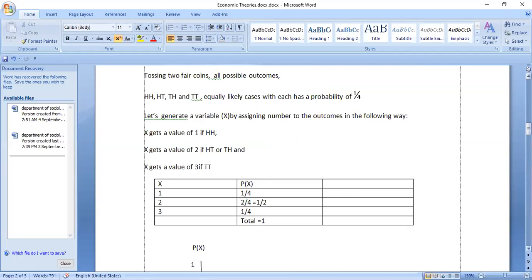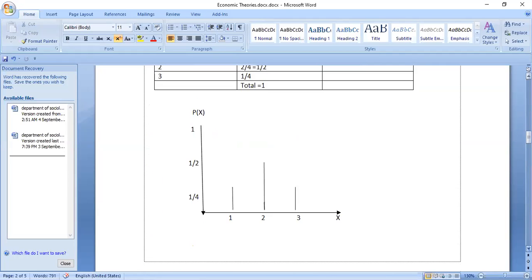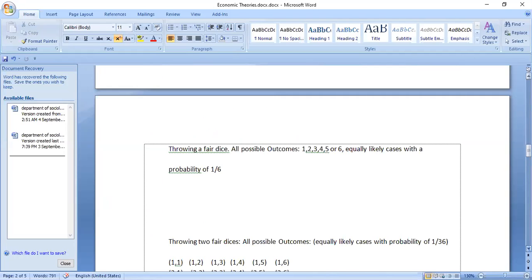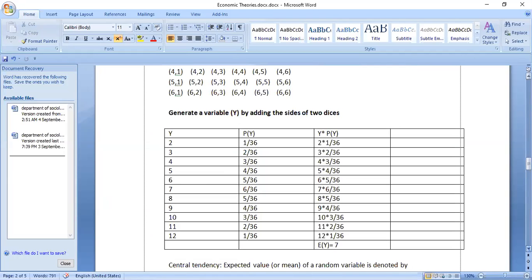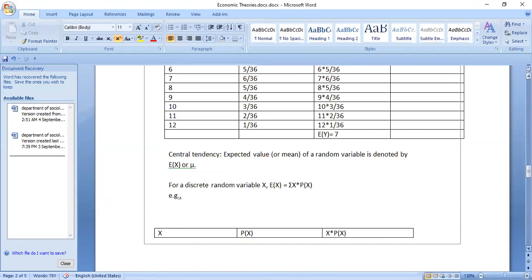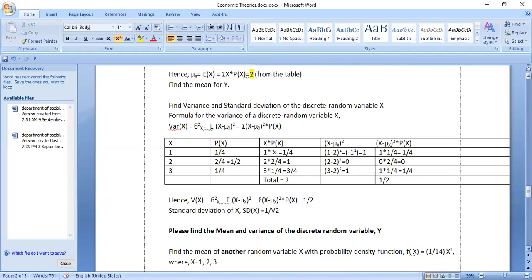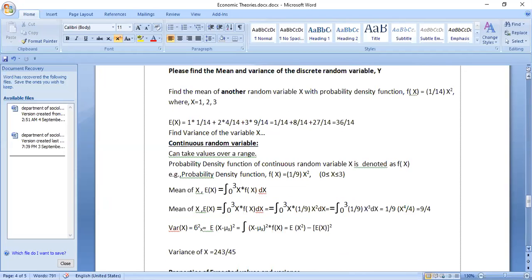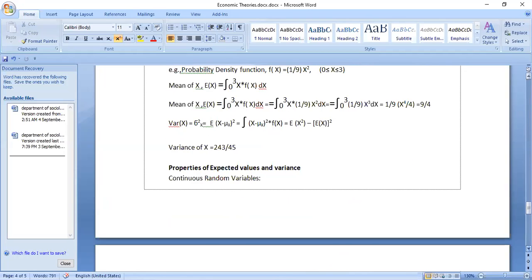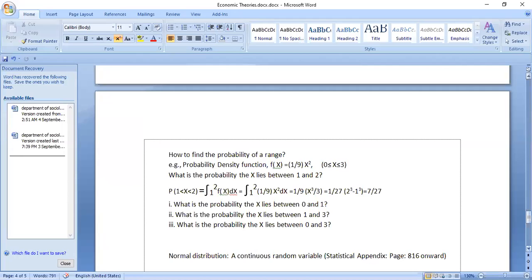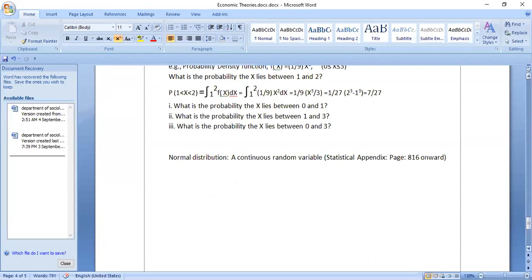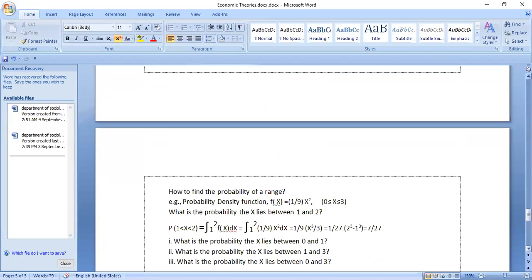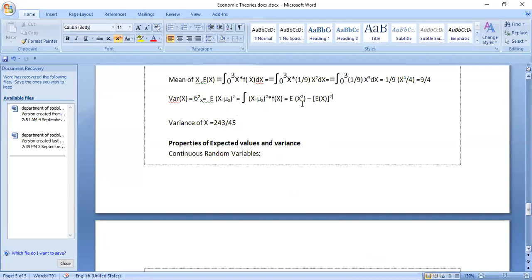So it's the same thing. Here, you square x, you have x values, you square that, and then you multiply that by probability of x. So if you want me to do it here, let's do it here.